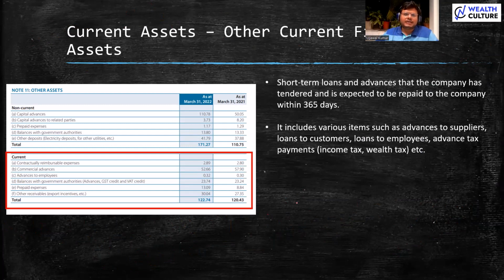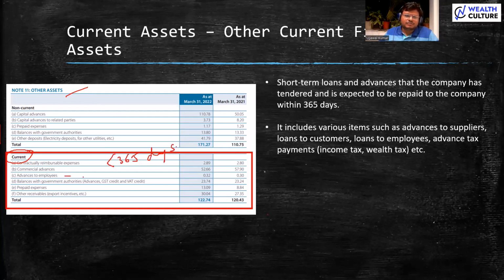Now let's look at the other current assets on the balance sheet, which is essentially the second portion of other assets, the current portion of the other assets. Here we are looking at stuff like money that you will get back within 365 days.